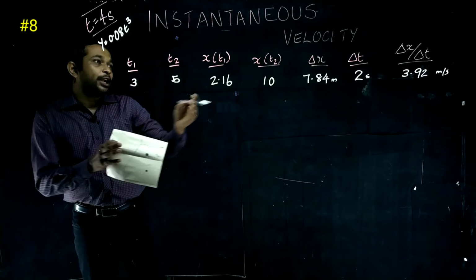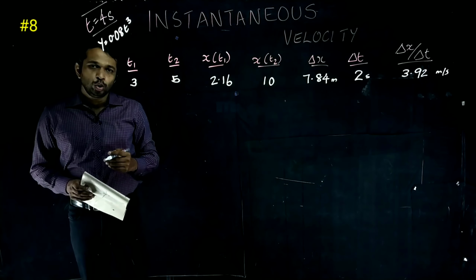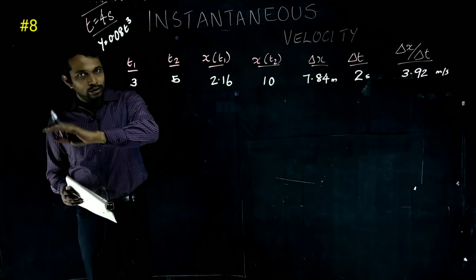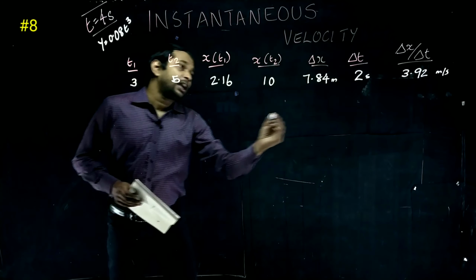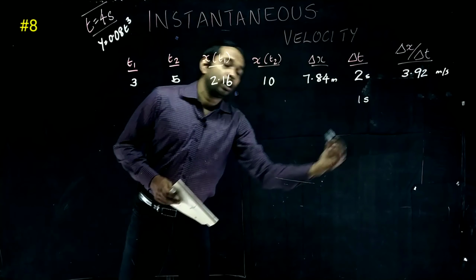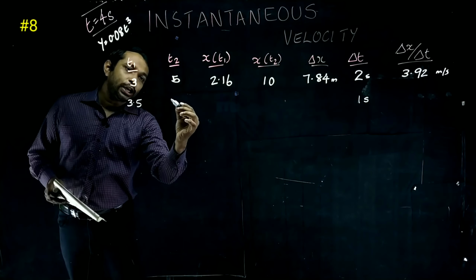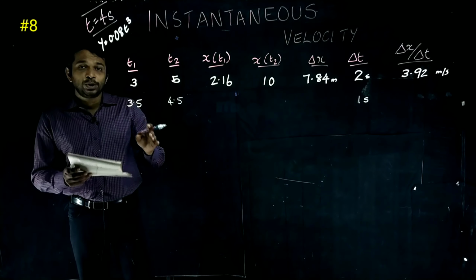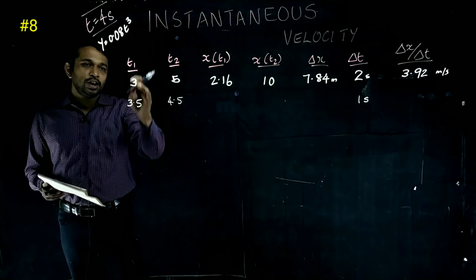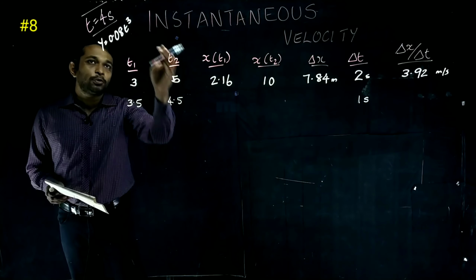Now let's reduce this delta t. Now it is 2, that means 1 second to the left and 1 second to the right. Let us take delta t to be 1 second, which means t1 is 3.5 seconds and t2 is 4.5 seconds. Substitute it in the same equation. Instead of 3 it became 3.5, and instead of 5 it became 4.5.